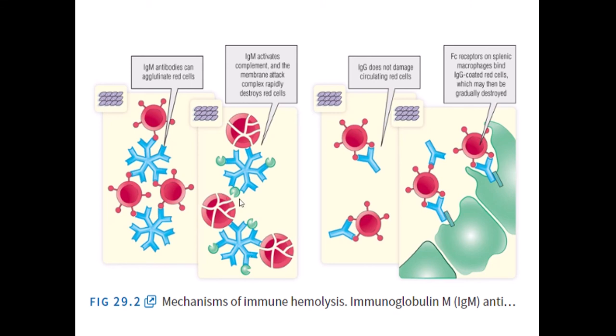Complement will be activated, and then destruction of the red blood cells is going to take place, and we call that hemolysis. And this is how hemolysis is going to take place.